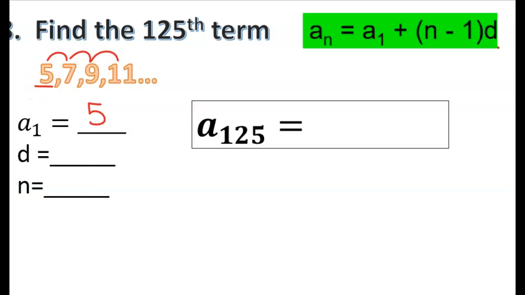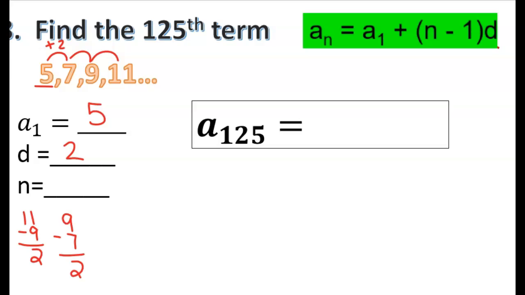What are you adding to get to the next number in the pattern? If you can't see that, you can take the last number, subtract the number in front of it to find the common difference. The common difference is 2. I'm adding 2 each time.